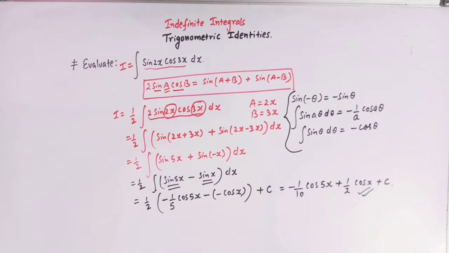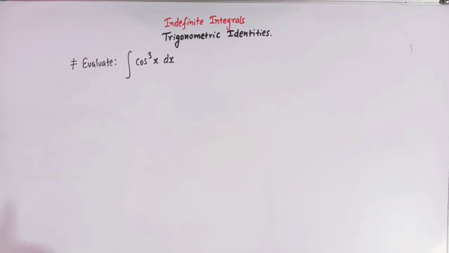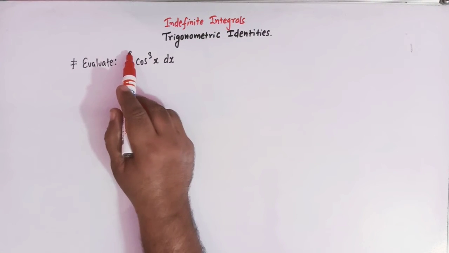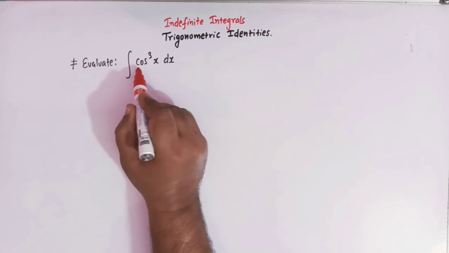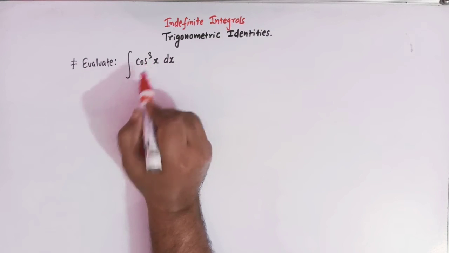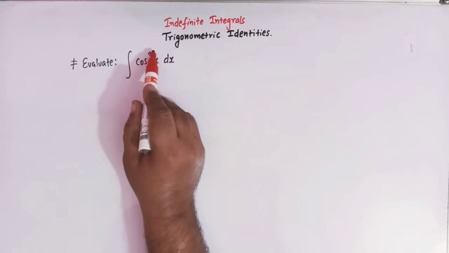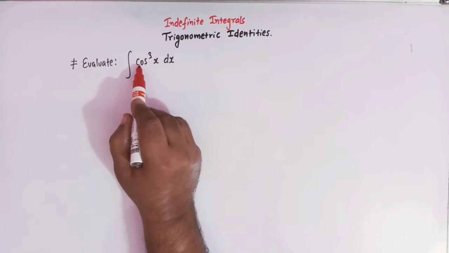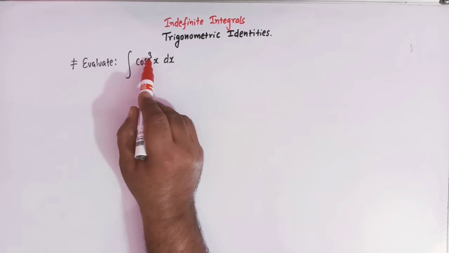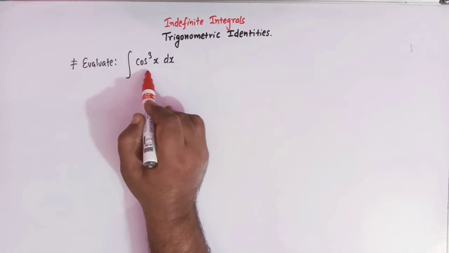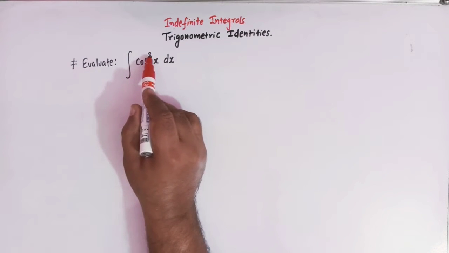So let us now take the second problem. Here we have to find the integral of cosine cube x. We have the power of cos x as 3, and we do not have a direct integral for cosine cube x.